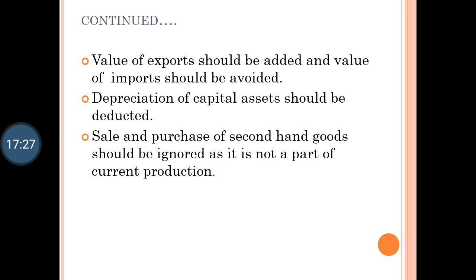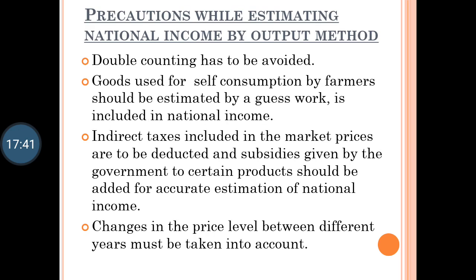So that amount will not be taken into consideration. We take only the fresh amount when the mobile was purchased for the first time. So these are the certain precautions which you need to take into consideration while estimating national income by the output method.